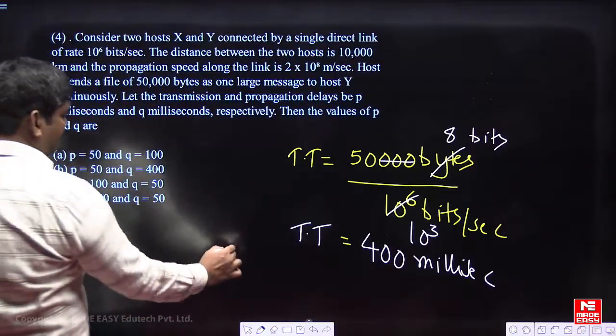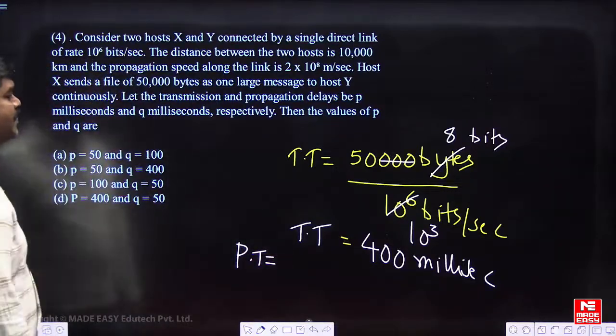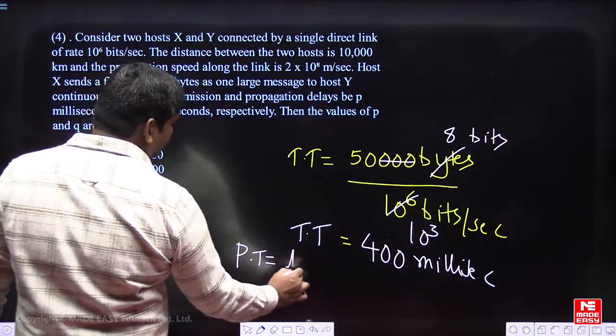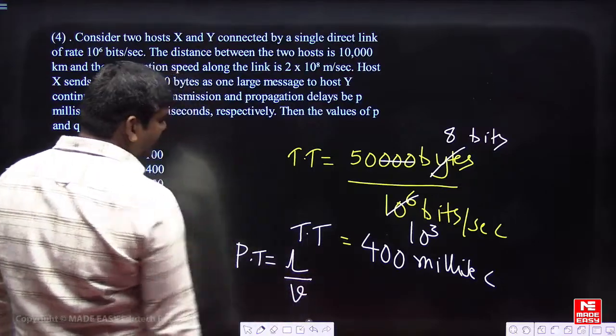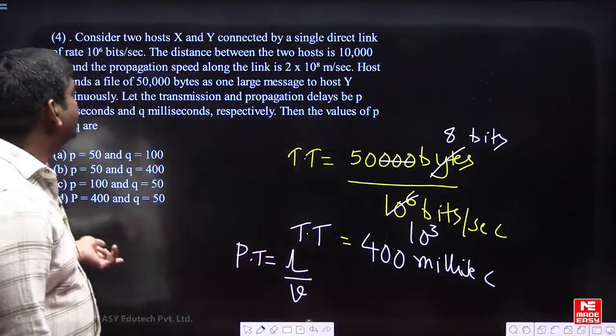After that, you can calculate the propagation time, because they are asking for both the transmission time and the propagation time. Propagation time doesn't depend on the content, whatever you transmit; it only depends on the length and the velocity.